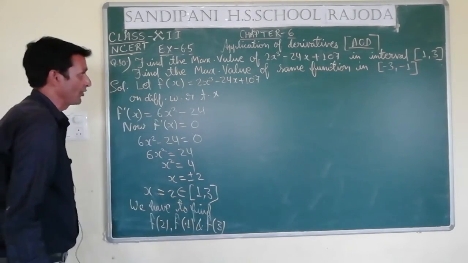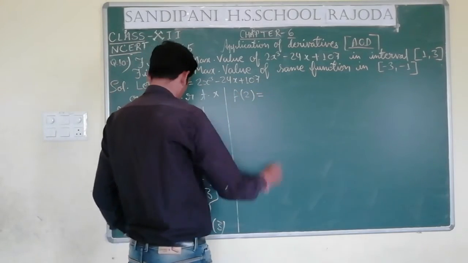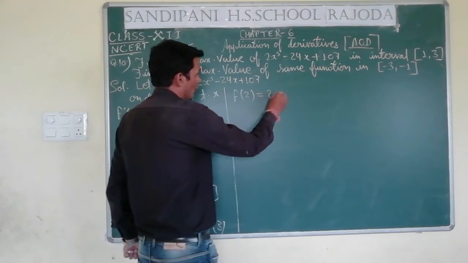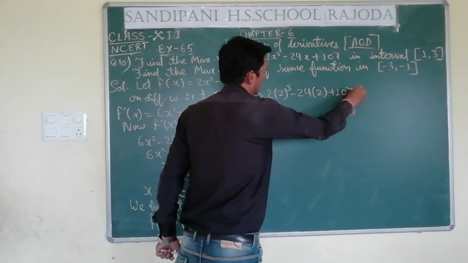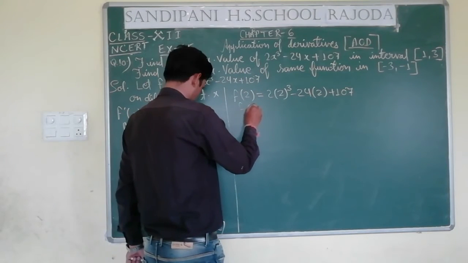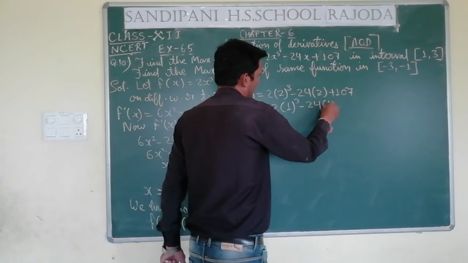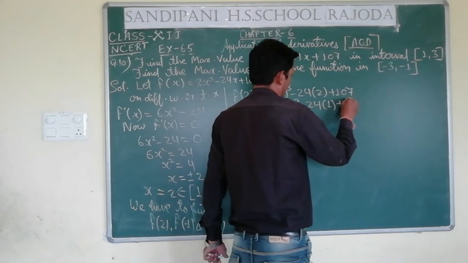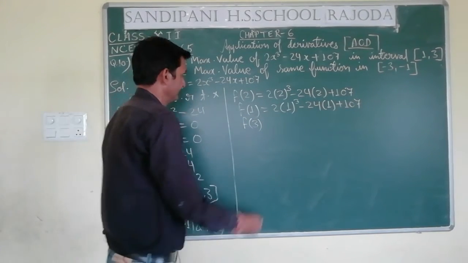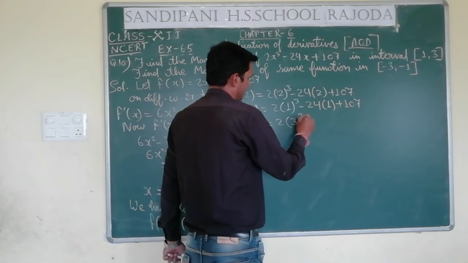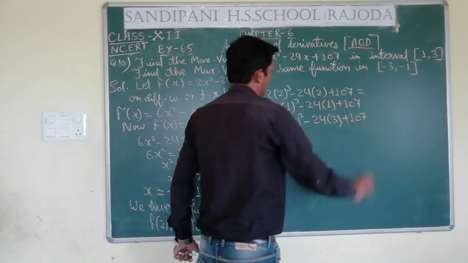So let us find these three values first of all. f(2) = 2 × 2³ − 24 × 2 + 107, and f(1) = 2 × 1³ − 24 × 1 + 107, and f(3) = 2 × 3³ − 24 × 3 + 107. So let us find these values.